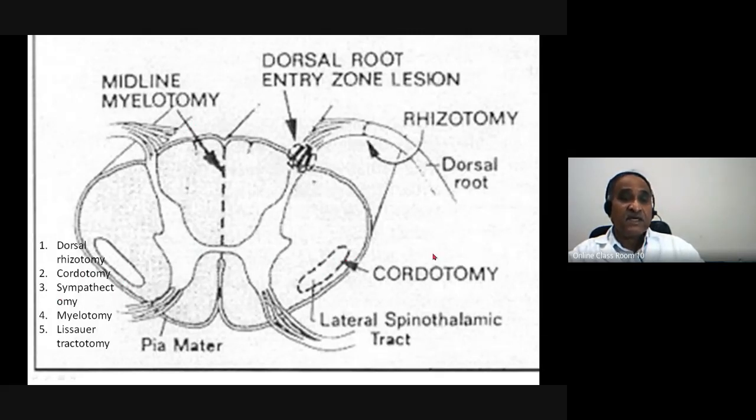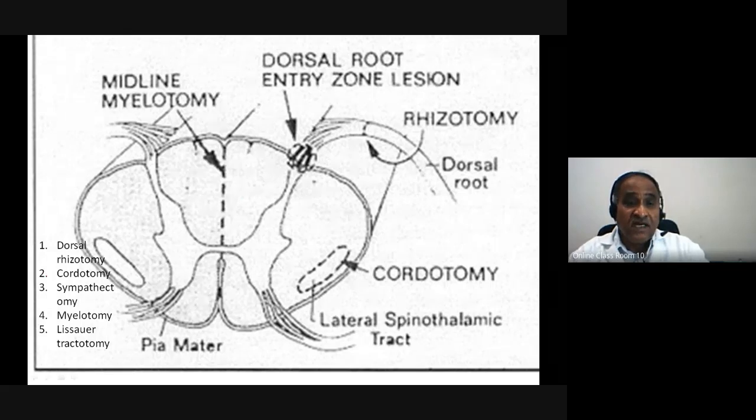Then sympathectomy, especially for sympathetic fibers, they carry the afferents, especially the sympathetically originated pain fibers in thromboangiitis obliterans. It's a vascular disease, also known as Berger syndrome, in which there is pain in the lower extremities. And in that case, sympathectomy is performed.